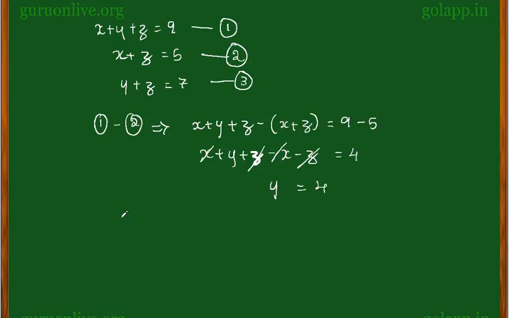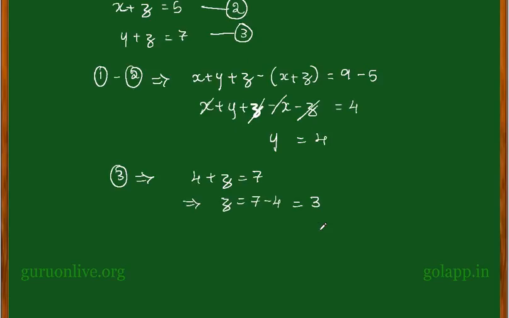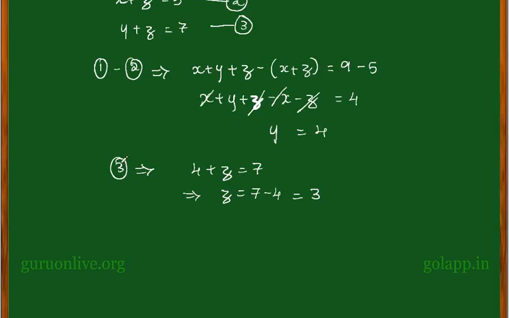Substituting this y in equation 3, equation 3 becomes 4 plus z is equal to 7. This implies z is equal to 7 minus 4. I get 7 minus 4 as 3. So I got the z value. Now I can substitute this z value in equation 2.